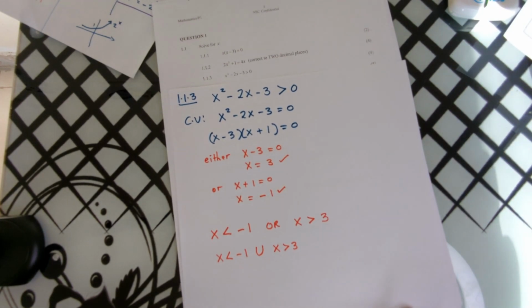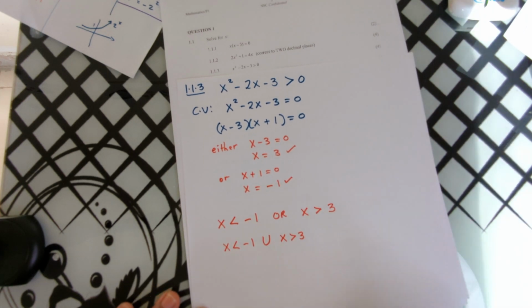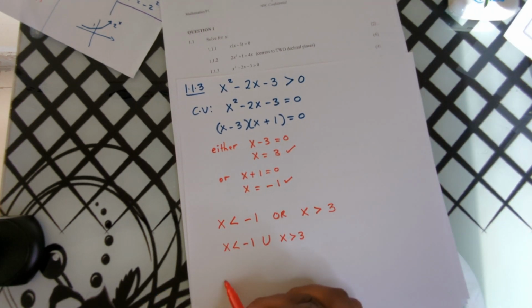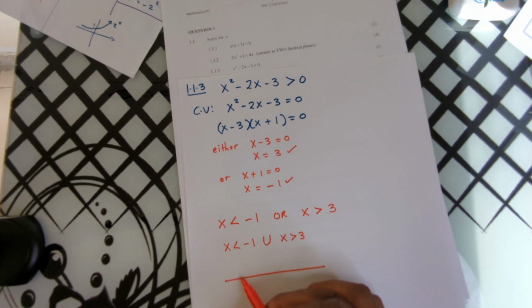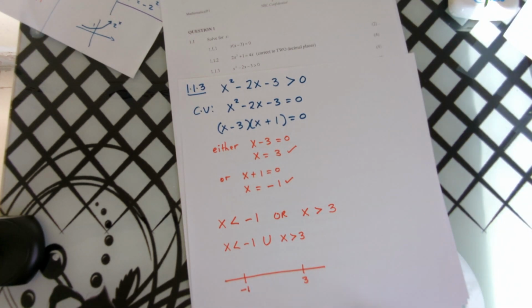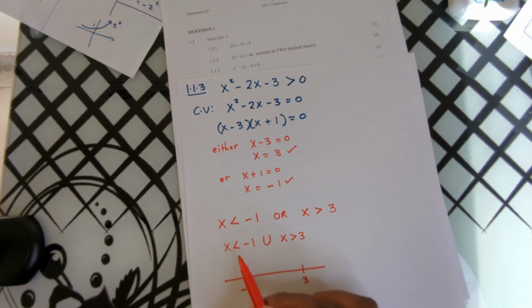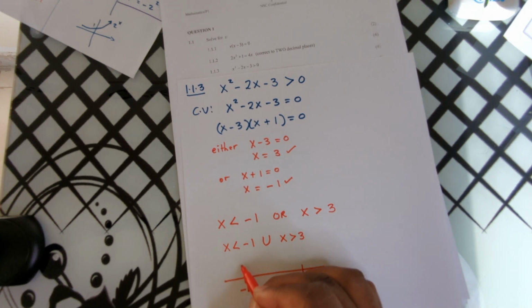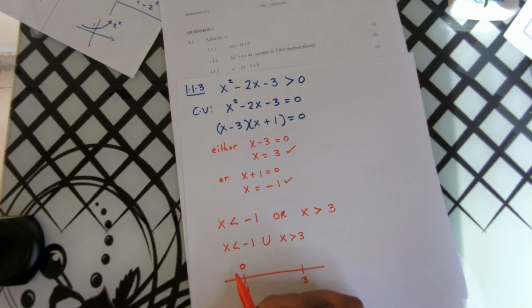If you want to write your answer in a graphical form, you can draw a number line, and on this number line, on the left side you put -1, and on the right side you put +3. And because our inequality sign is a single line, it's less than, not less or equal to, we are going to draw an empty circle on top of -1 and draw an arrow pointing to the left side.